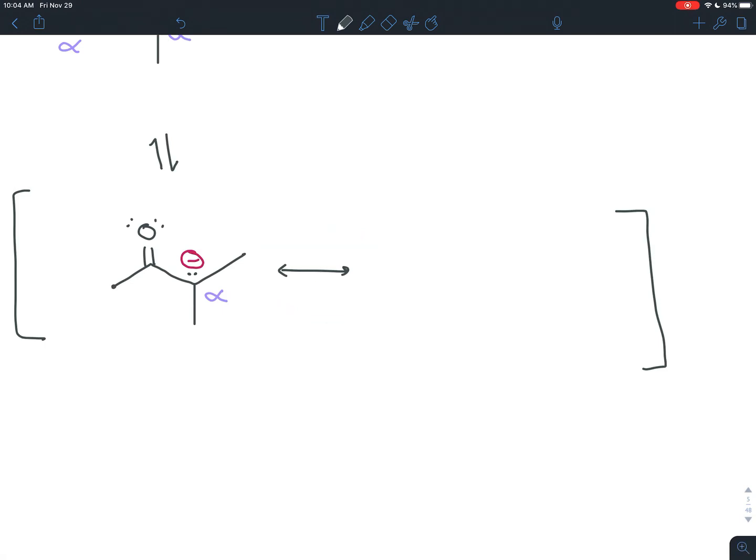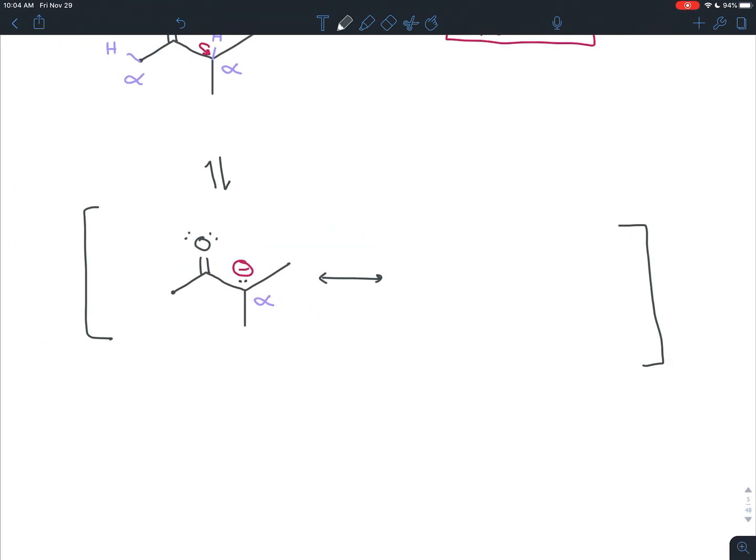That special resonance arrow with the one line and two heads reminds people to take the average of the two, and is very different from an equilibrium arrow. So when you have that allylic lone pair, to get the other resonance structure, you draw that lone pair forming a pi bond toward the pi bond, and the pi bond breaking and forming a lone pair away from the lone pair.